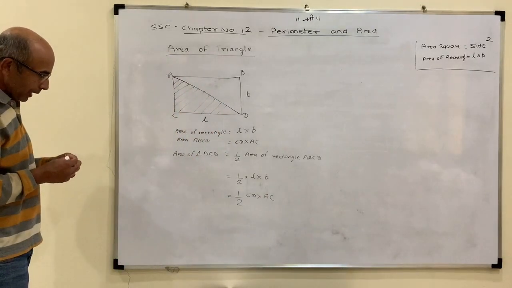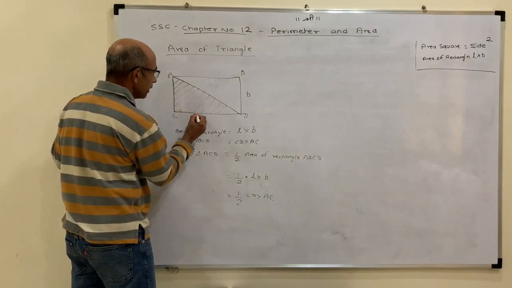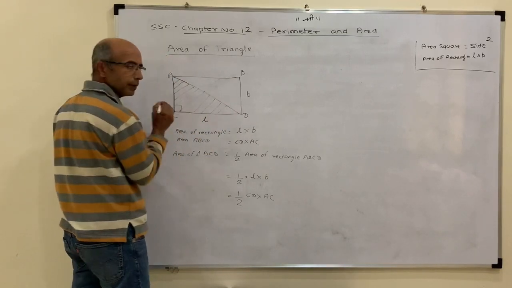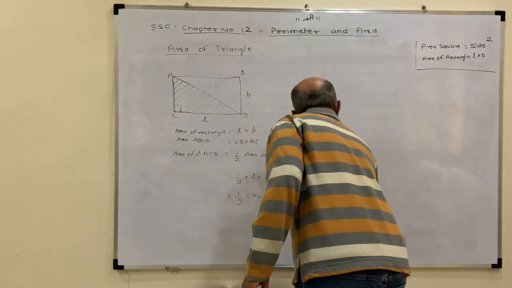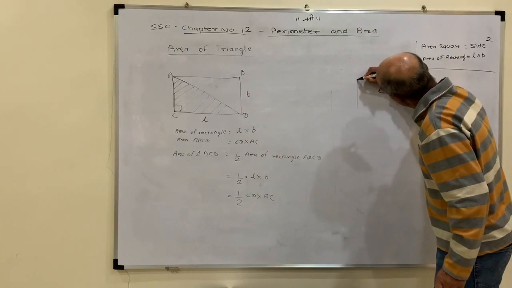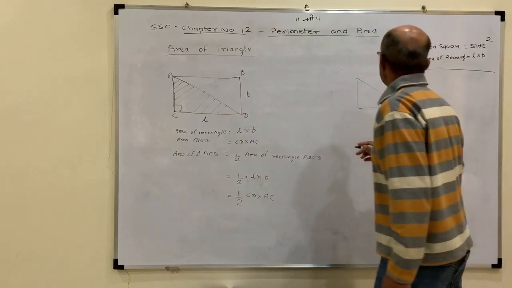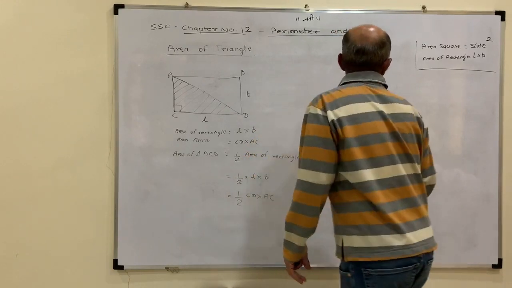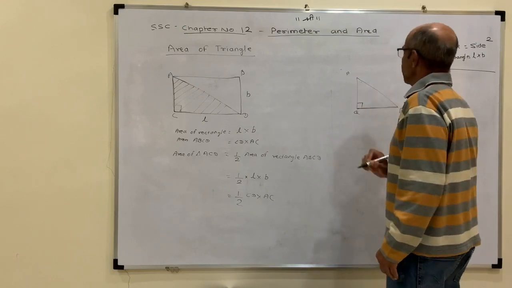So now if I draw this triangle, I found the area where this is a 90 degree, since it's a rectangle. If I take this triangle separately, I draw it like this. This is my right angle triangle. This is P, Q and R. And this is my 90 degree.